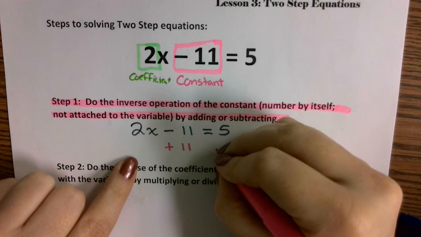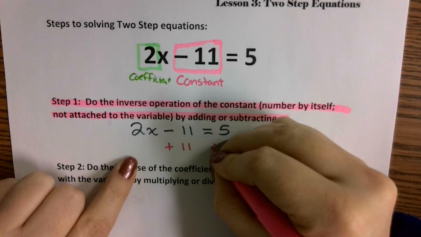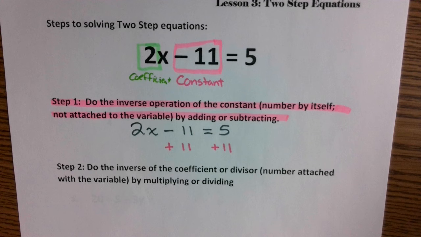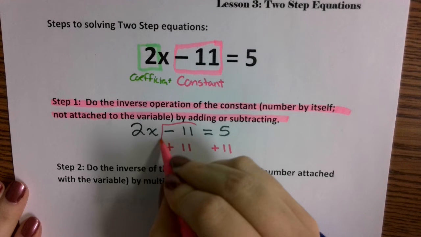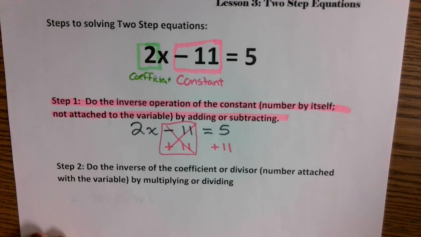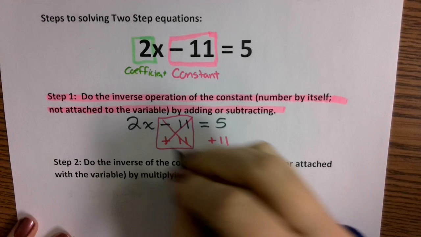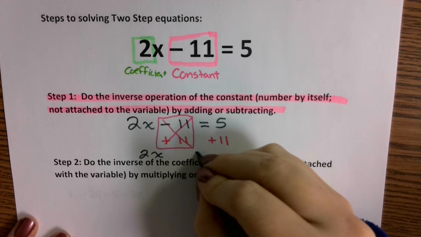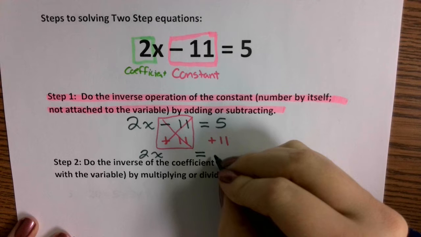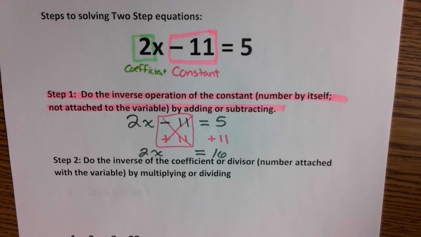I need to do it on both sides of that equal sign. By doing so, I'm getting rid of the constant on the left side. I can box that off and it's completely gone. And what I'm left with is 2x is now equal to a positive 16, because 5 plus 11 is going to give me 16.